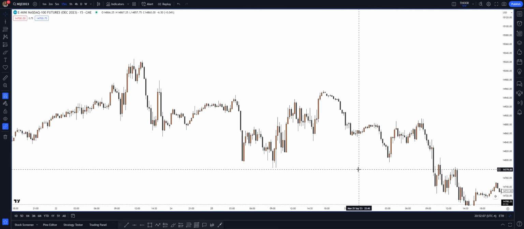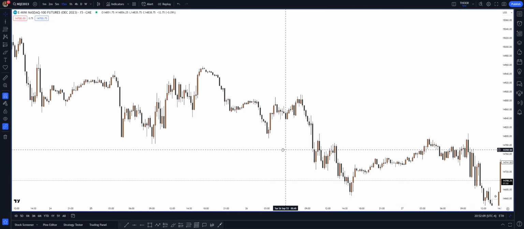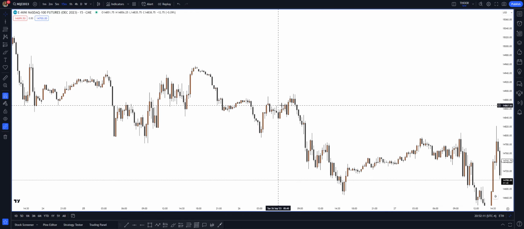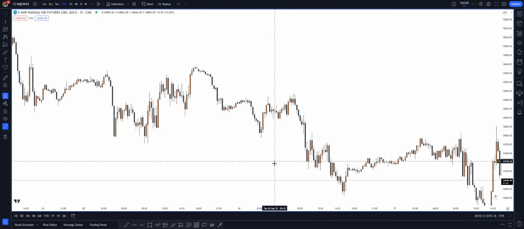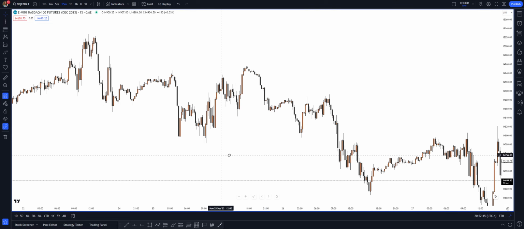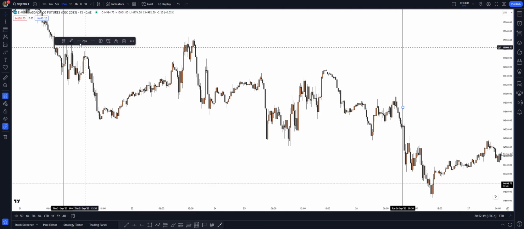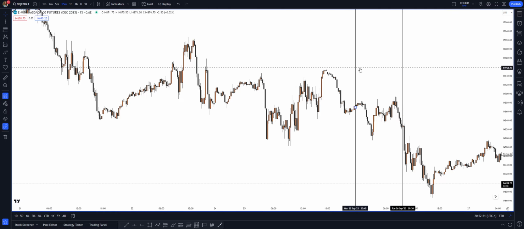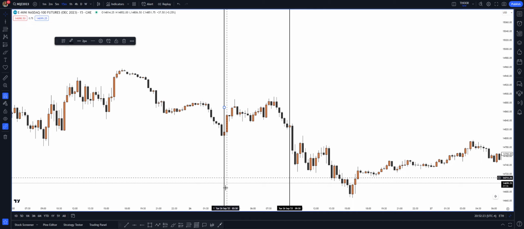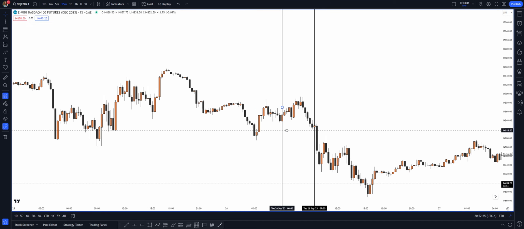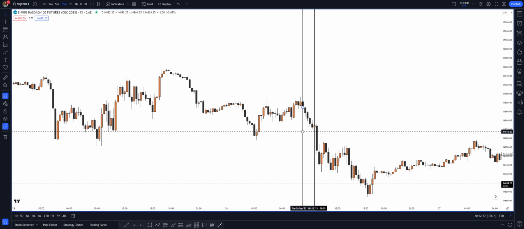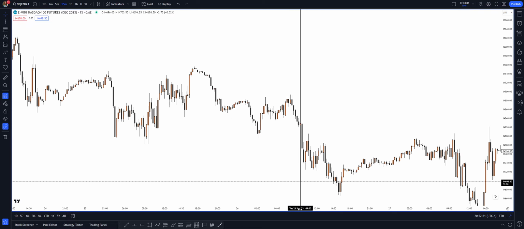So whenever you're doing pre-market analysis, you're going to be looking at, like here, for example. Let me get back those vertical lines. All right, 9:30 is here. This is the 9:30 candle.